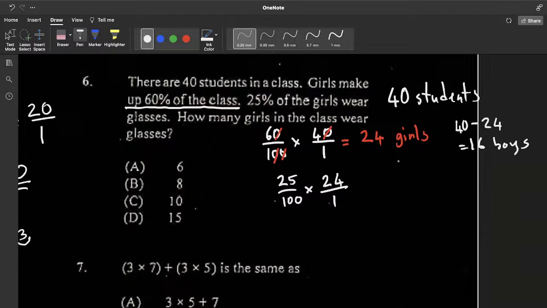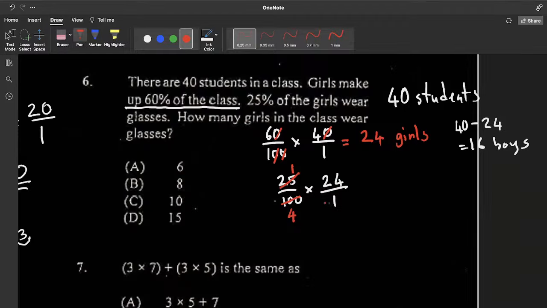Now the next thing we need to do now, same thing we were doing earlier. We have the 100 here, 25 here. 25 could go into 25 once, and 25 could go into 100 4 times. All right, so now we have to find a quarter of 24.